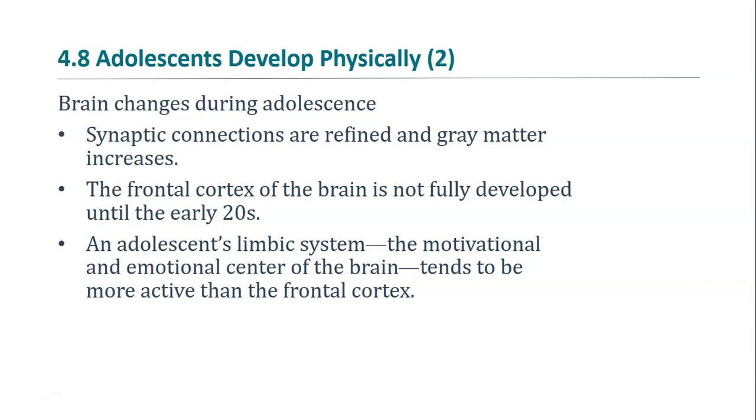Prior to this, the motivational and emotional parts of the brain are fully developed. So one of the challenges of adolescence is to limit the immediate rewards that the limbic system wants before the cognitive impulse control centers are fully developed.